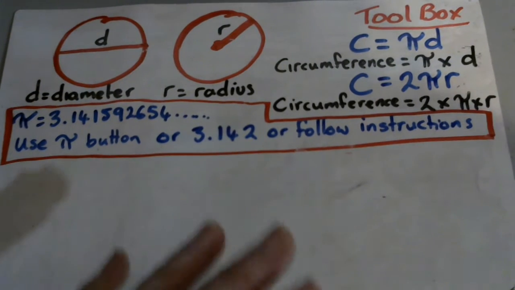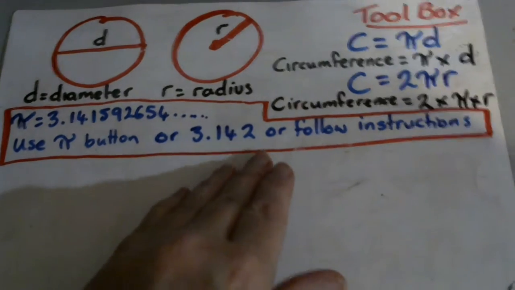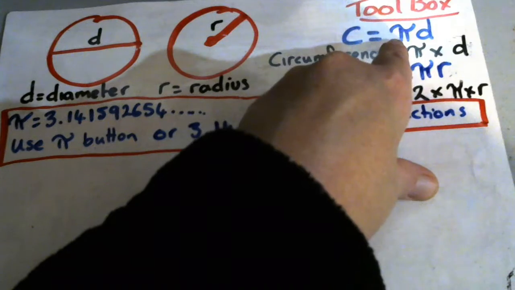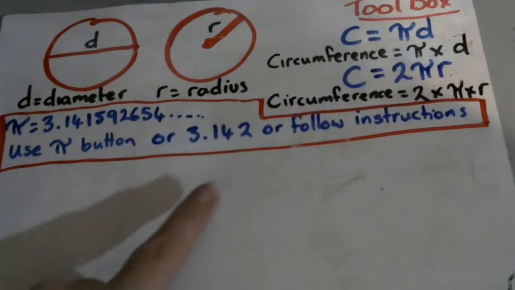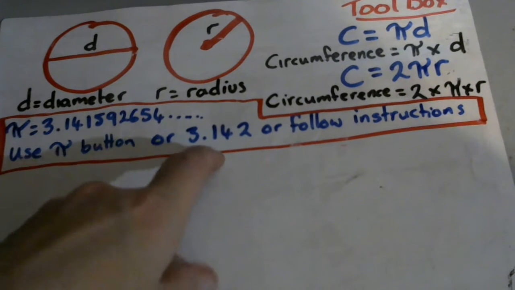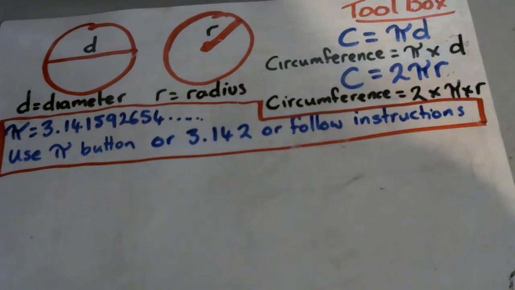Just follow the instructions. If you use your calculator's pi button, then in your equation you'll write pi. However, if you use a rounded value of pi, you need to write down the value instead. We'll do an example to show you.